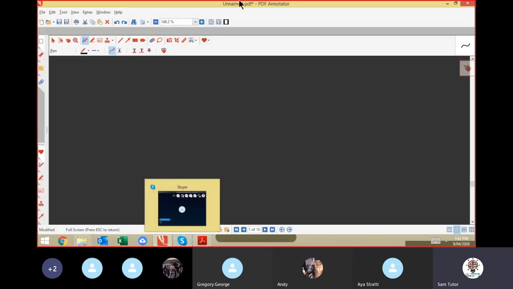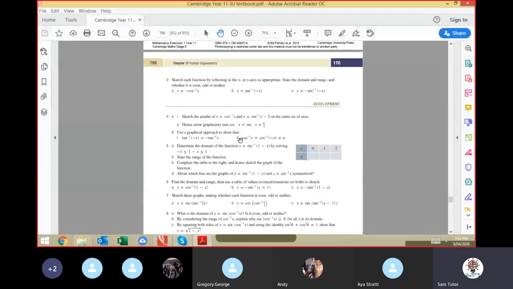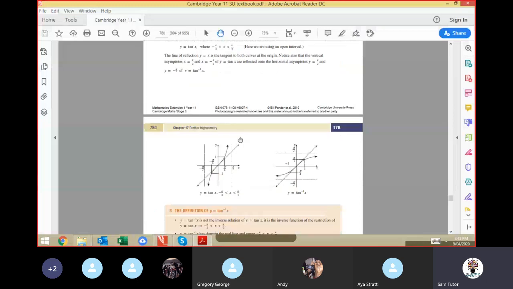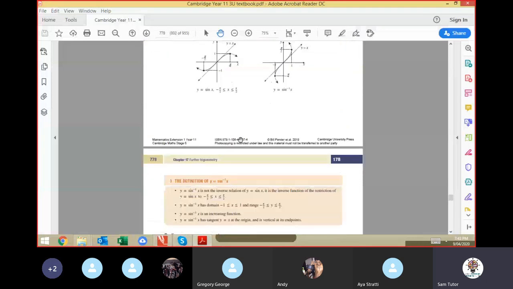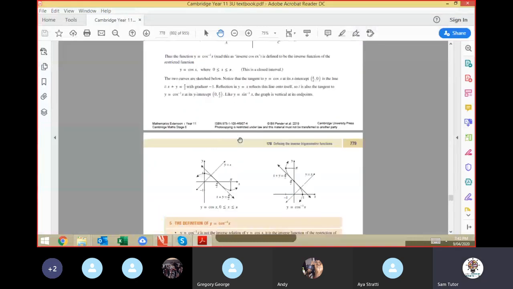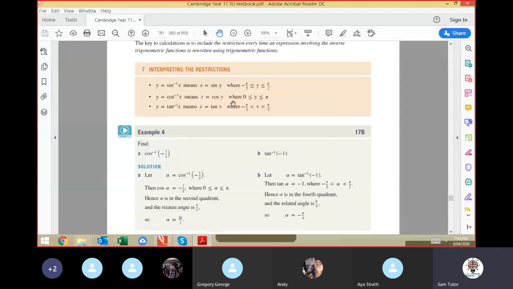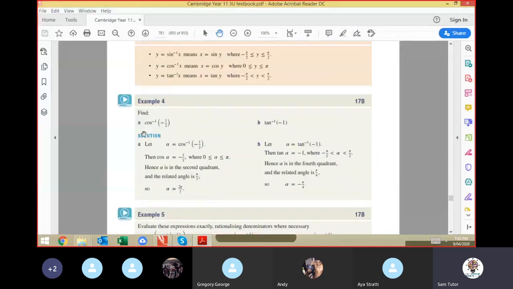All right, let me see where I'm going wrong with these ones up here. Inverse sine the original f. Find inverse cos of negative half. Let alpha equal inverse cos of negative half. Then cos alpha must be between 0 and 180, hence alpha is in the second quadrant.